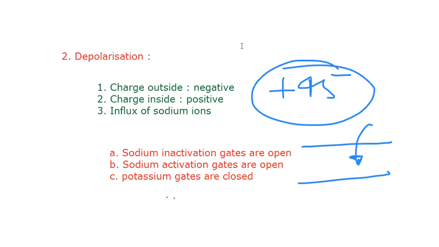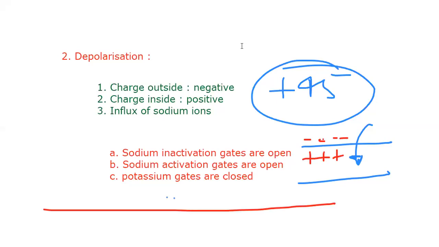So the voltage condition during this period, I'll show it: because of sodium influx, inside positive, outside negative. That means it is reversed, that you need to understand. For that we need to draw a bigger one, to understand it much better.